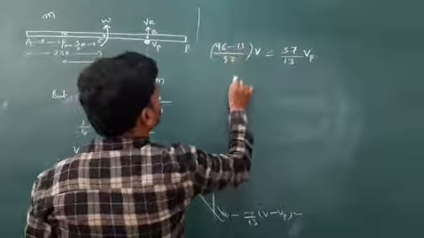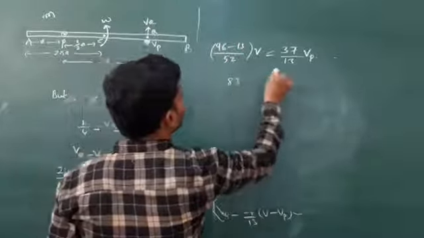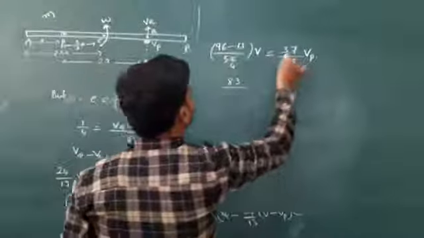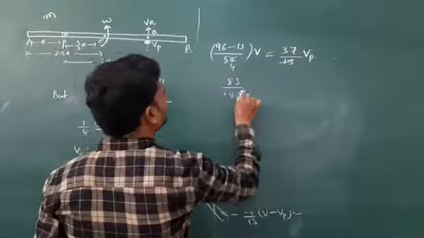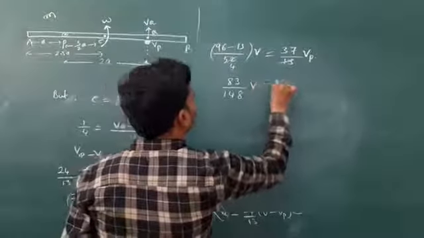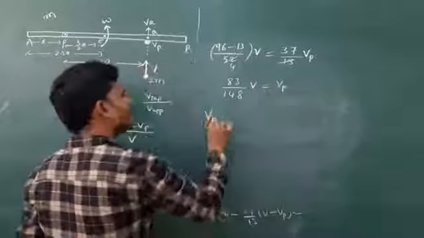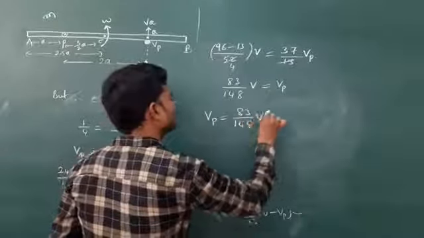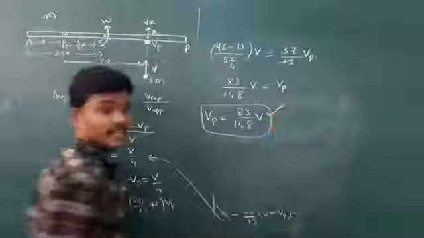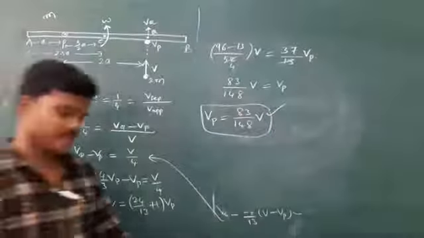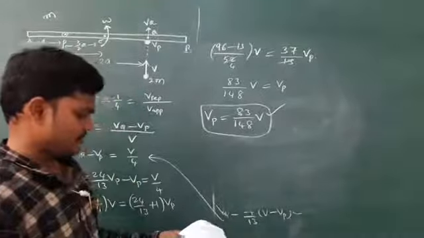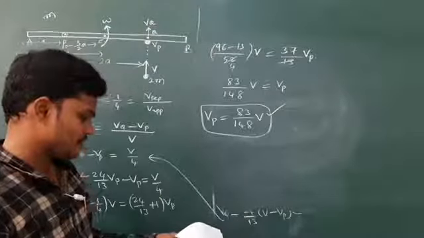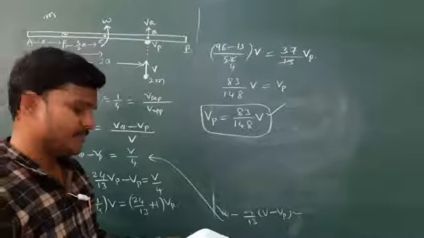Okay, so this is 83 by 52 V equals 37 by 13 Vp, so 83 by 4 times 37, this is 148 Vp. So I got Vp is 83 by 148 V. So this is our answer, 83 by 148. So Vp is equal to 83 by 148 V.